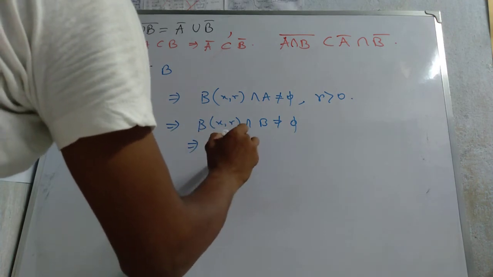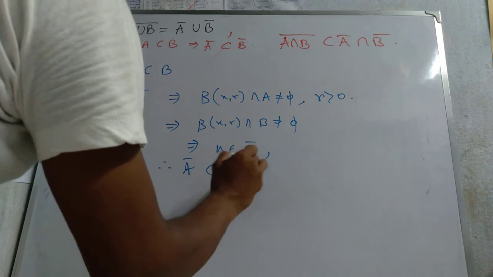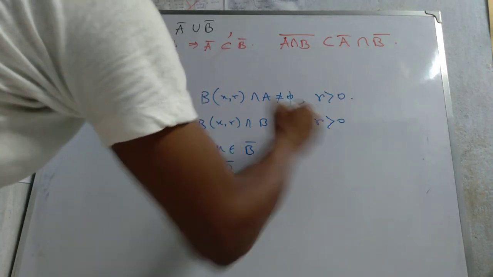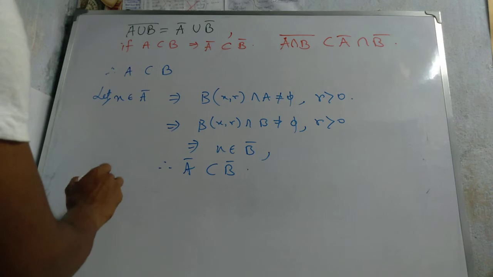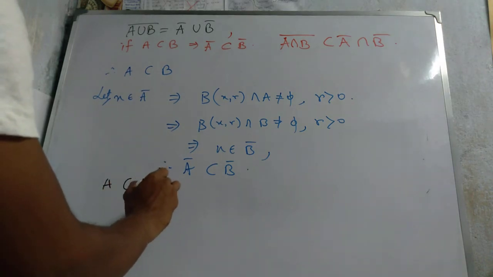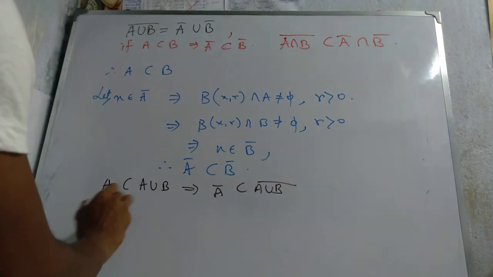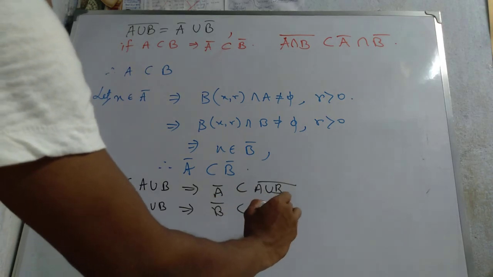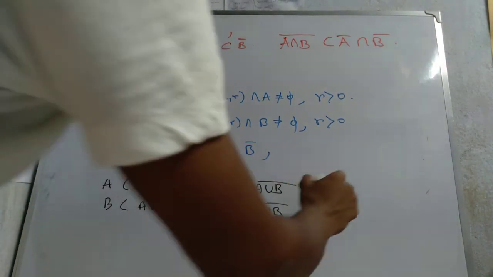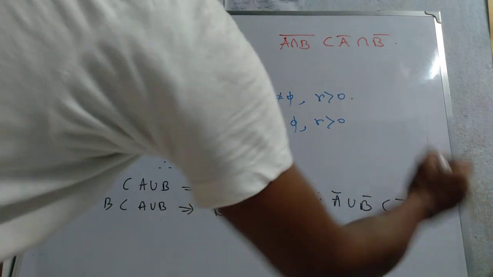This implies that x belongs to the closure of B. So the closure of A is a subset of the closure of B. Now, A is a subset of A union B, so the closure of A is a subset of the closure of A union B, and B is a subset of A union B, so the closure of B is a subset of the closure of A union B. From these two we say that the closure of A union the closure of B is a subset of the closure of A union B.